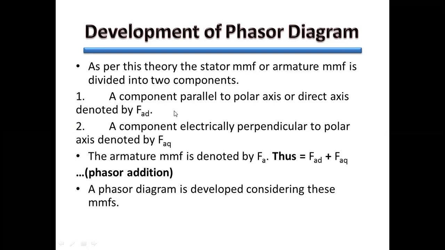Thus, the total armature MMF can be denoted by FA, and which is summation of FAD, MMF along direct axis, and FAQ, MMF along quadrature axis. Now we have to develop phasor diagram considering all these parameters.